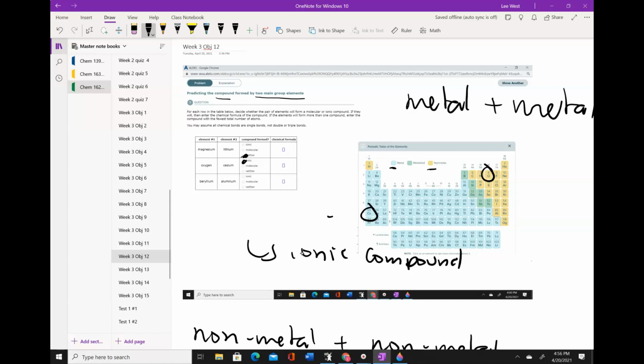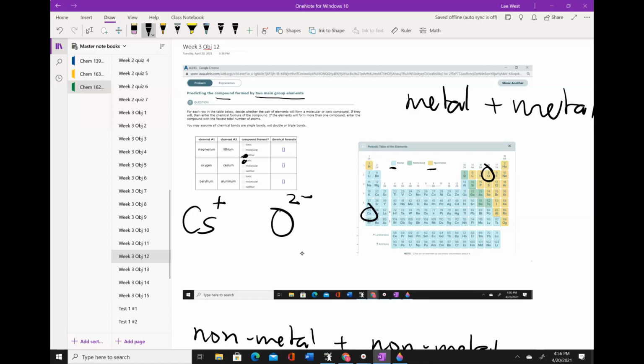Now, how do we decide the formula? Remember that we've got to use our crossover rule if the ions don't have the same size charge, and we're just going to combine them 1 to 1 if they do. Cesium is in group 1A, so it loves to form +1 ions, and oxygen is in group 6A. It loves to form 2- ions.